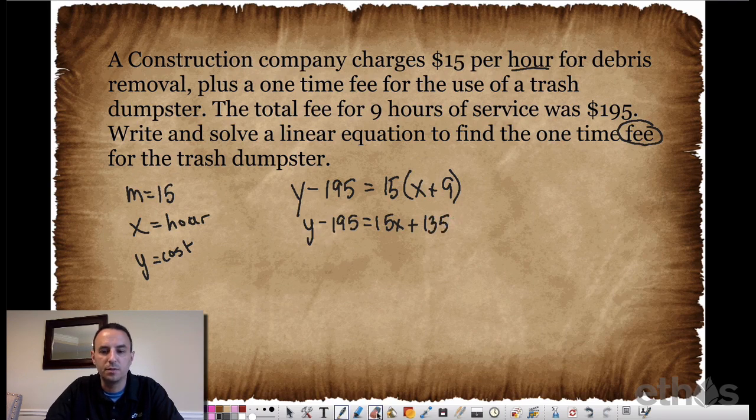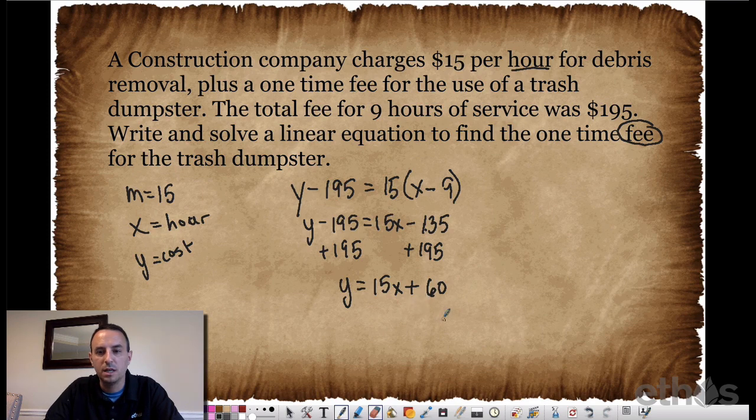Should be minus 135. I knew that didn't look right to me. Let me fix that real fast. Good catch for those of you that saw that ahead of time. Add 195. y is equal to 15x plus $60, my total cost for renting the dumpster, like a delivery fee or whatever it is.